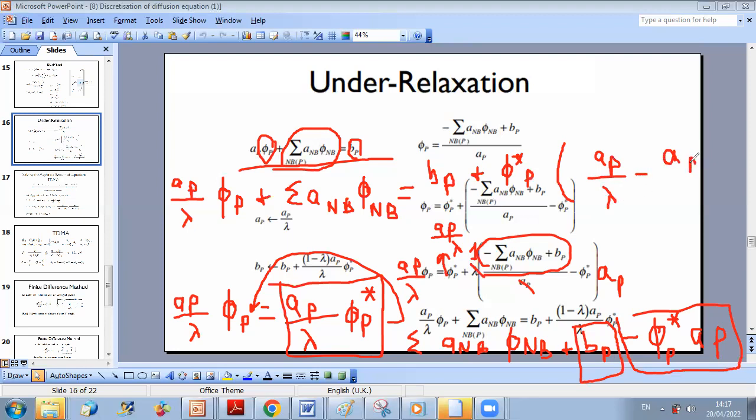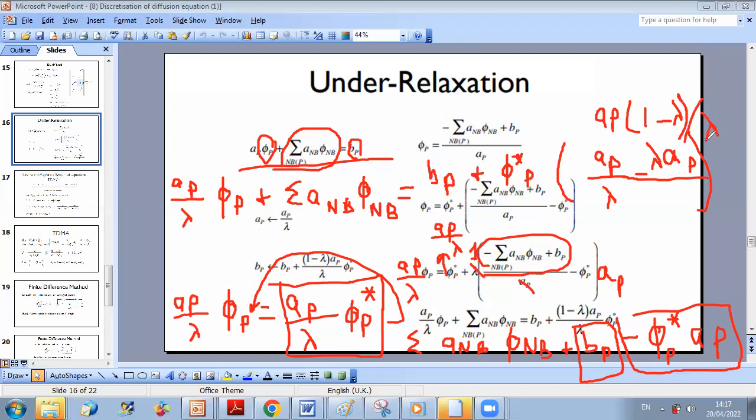You can use a common denominator here. You should multiply by lambda, so it's AP minus lambda AP over lambda. And if you take AP into factor, it becomes AP times 1 minus lambda over lambda.